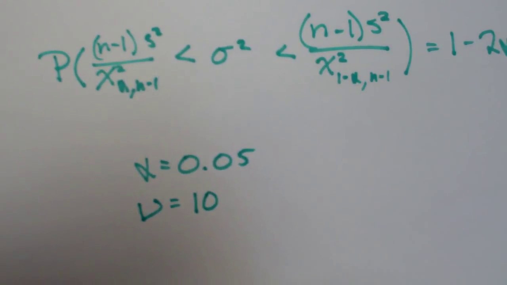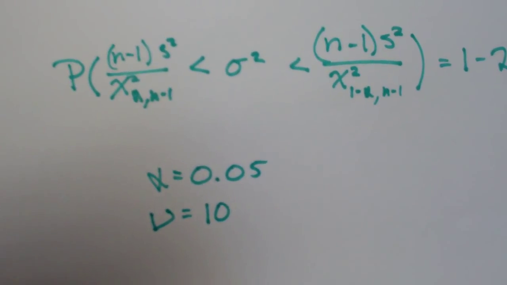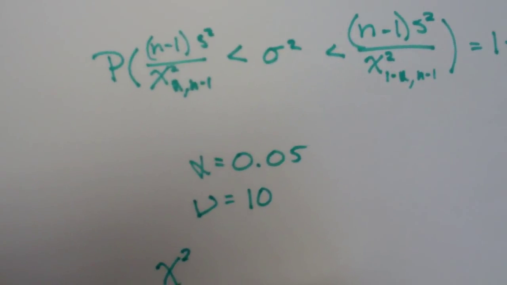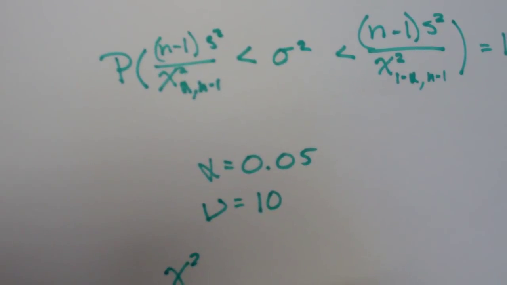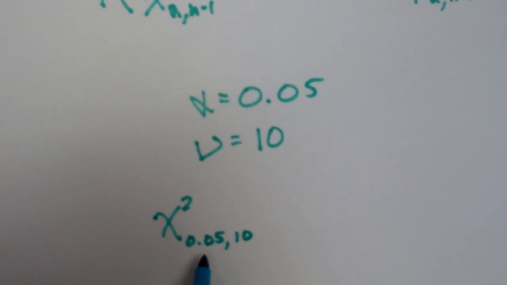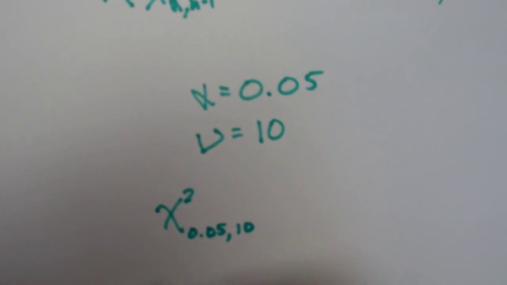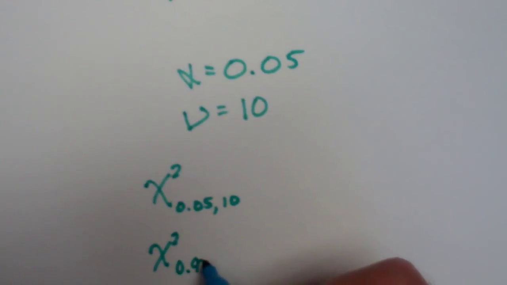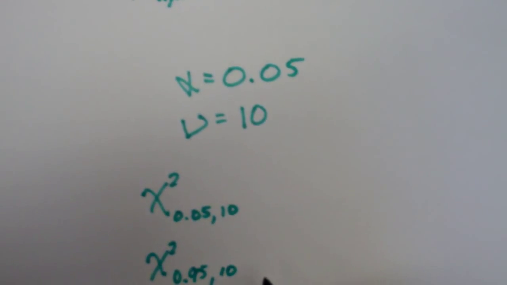So I've got a sample size of 11, n minus 1 gives me 10 degrees of freedom. I need to look up in my chi-squared table for the lower limit. I would look up chi-squared for 0.05 and 10 degrees of freedom. For the upper limit, I would look up chi-squared of 0.95 with 10 degrees of freedom.